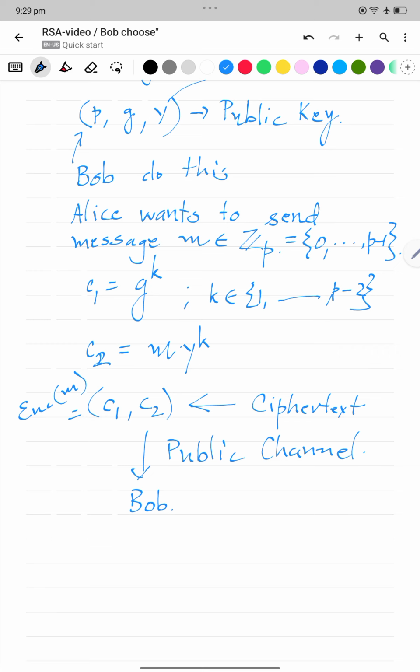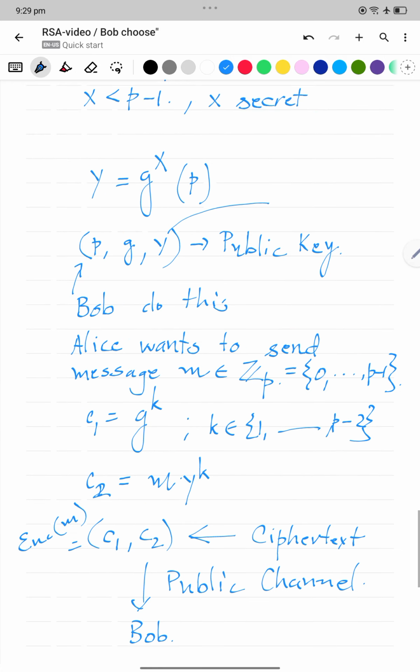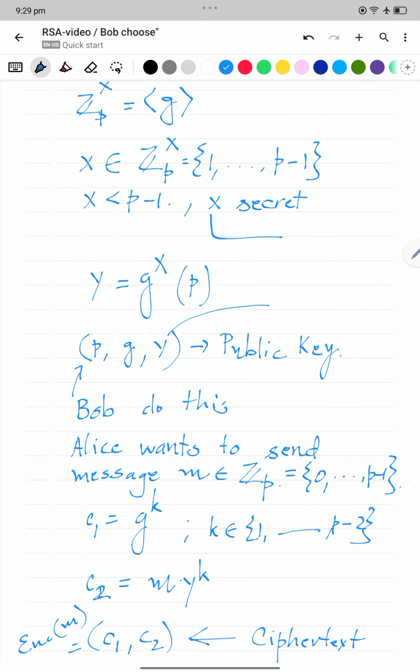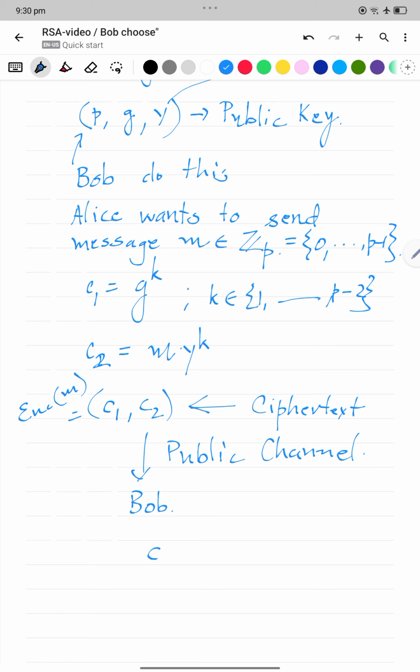Once he receives the ciphertext, Bob has the secret X. He has C1 and raises it to X. Let us denote this number by S. Now he calculates the inverse of it modulo P, using the Euclidean algorithm. And he already has C2 also.